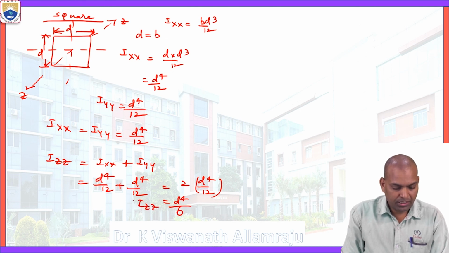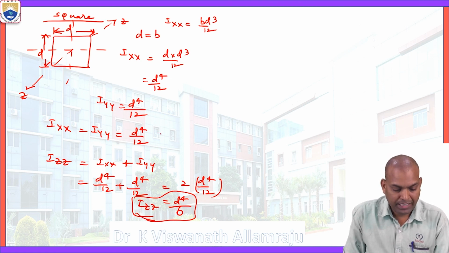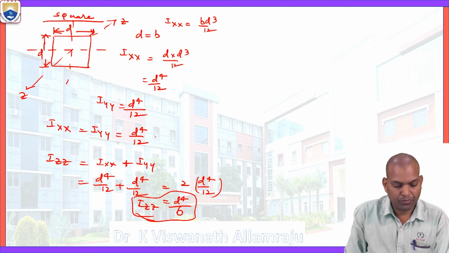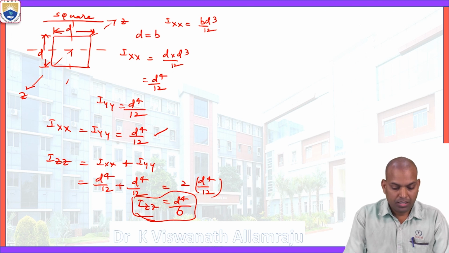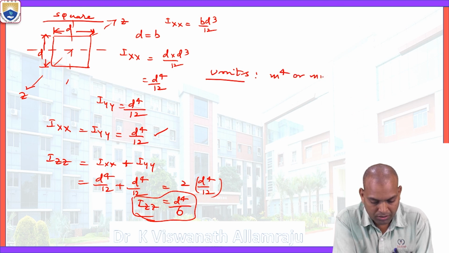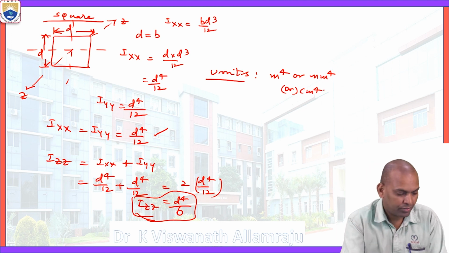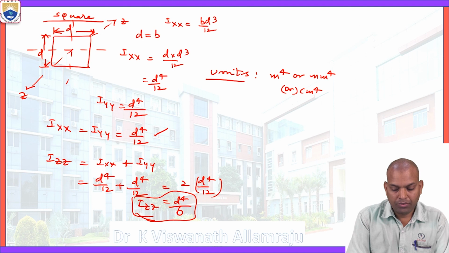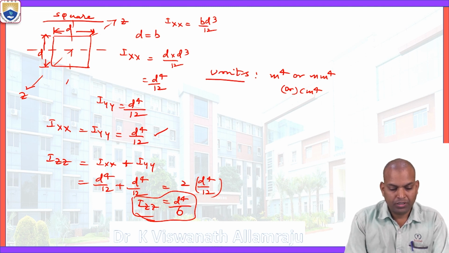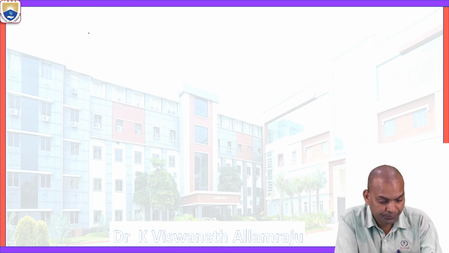So about the z-axis it is d power 4 by 6, and about the x-axis and y-axis the area moment of inertia is d power 4 by 12. Units for area moment of inertia, as I mentioned in the previous slide also, are meter power 4 or millimeter power 4 or centimeter power 4. This is for rectangular and square cross sections.